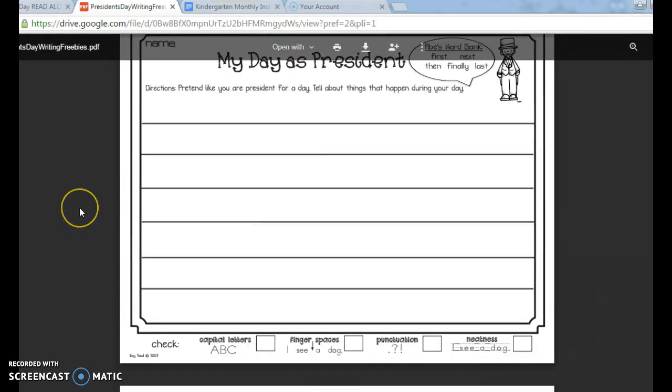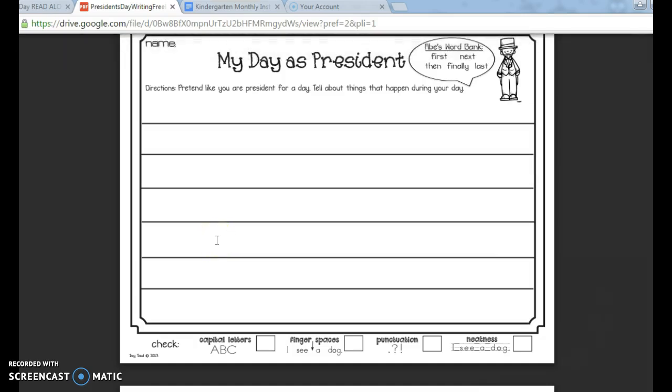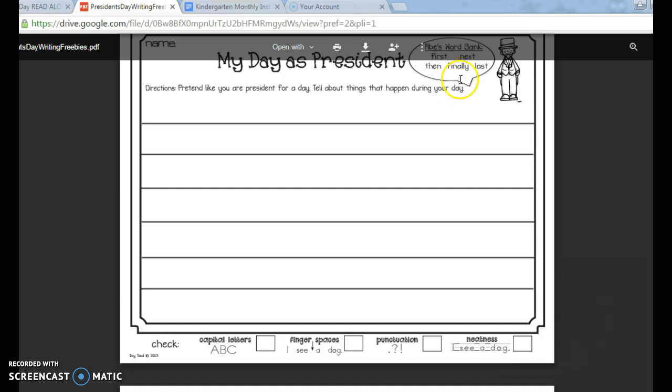And this is just where you can write about my day as a president, and I really like this, and I will tell you why. So you are going to pretend again like you're president for a day and tell about things that happened. You're going to start writing here. Again, remember to use a capital letter, finger space between words, and punctuation at the end. I like this word bank up here.